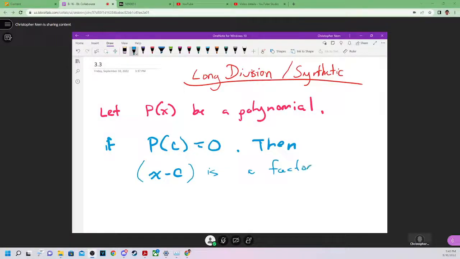I encourage you to remember what a factor actually is of p of x. A factor is a component of a product, that if I have a factor times all the other factors, I should get my product. What that means is that if I divide p of x by x minus c, it should have no remainders.